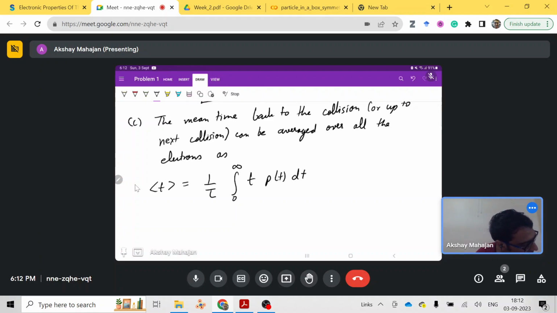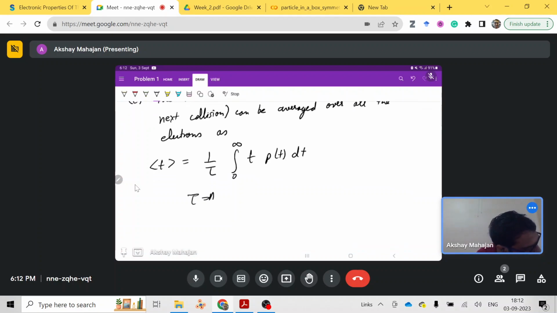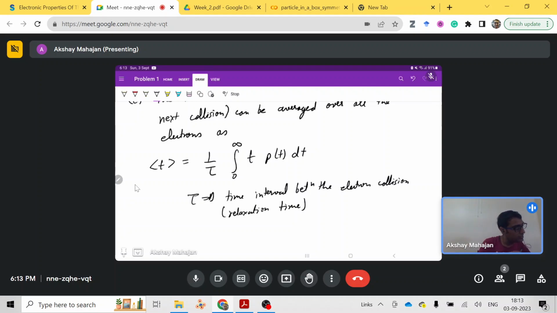Here tau is the time interval between electron collisions, which is basically our relaxation time. That is just the definition of relaxation time, so we take it as tau.